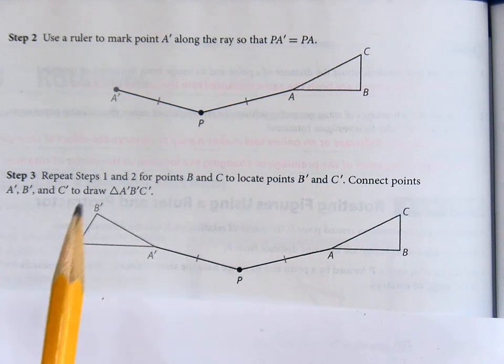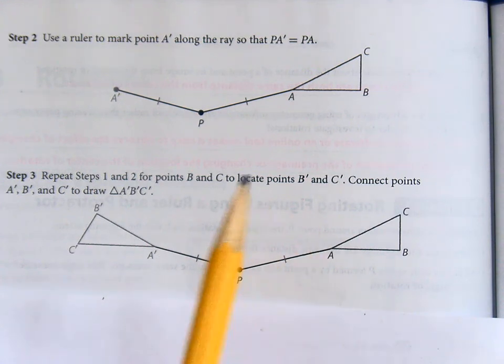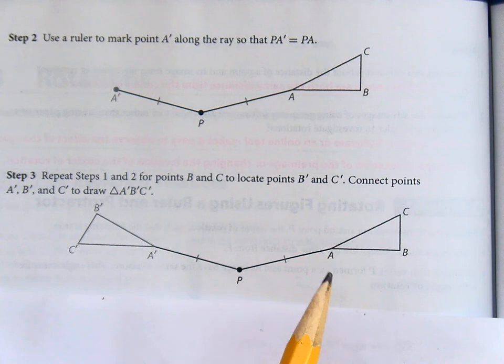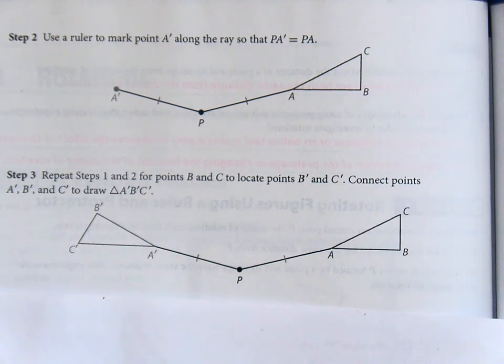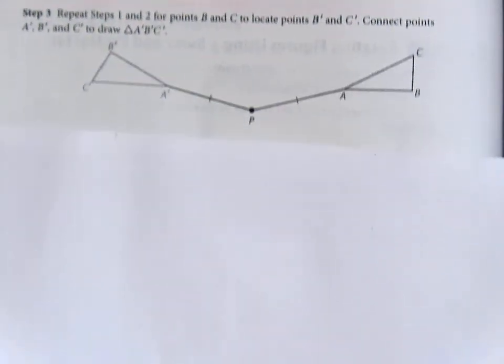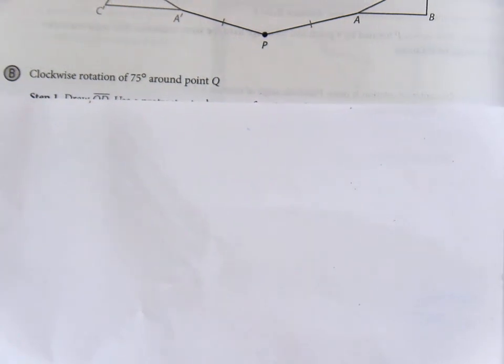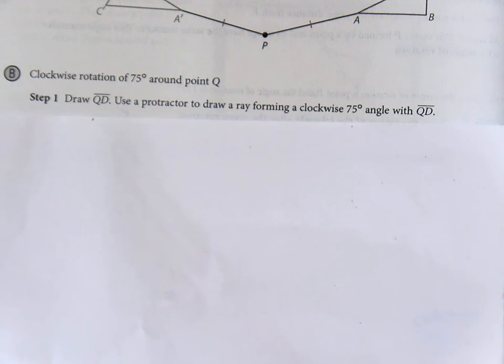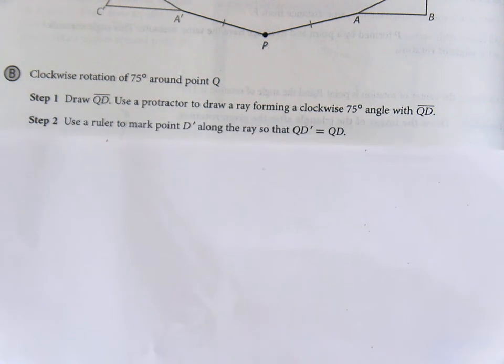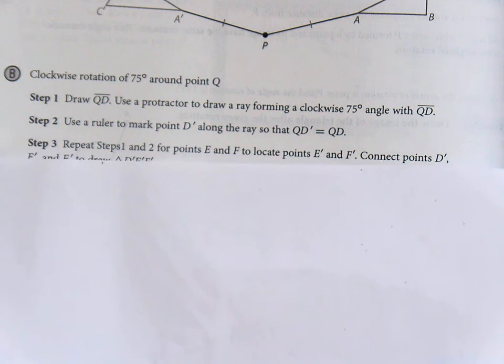And then you have your shape that has a rotation of 150 degrees counterclockwise. Okay, so what about the next example? Clockwise rotation of 75 degrees around point Q. Right? So the same basic steps are going to repeat, just like they did previously. Go ahead and try to do that one and look over that one.